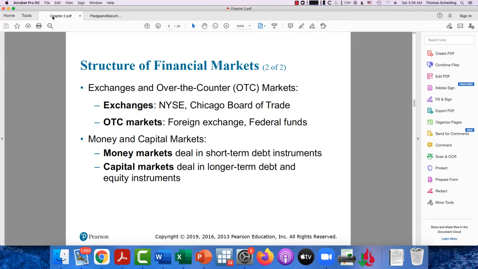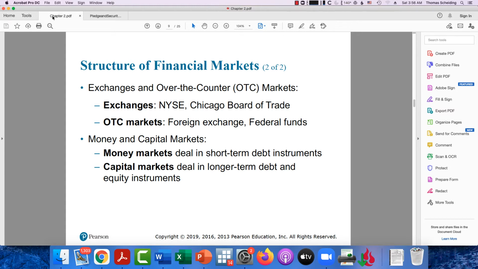But the exchanges would be, you've got a broker standing in the exchange, and some of the brokers represent buyers, some of the brokers represent sellers, and two brokers are saying, hey, I represent this buyer and they're willing to pay this.